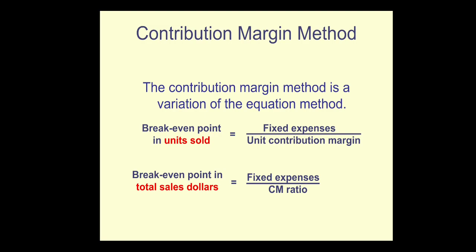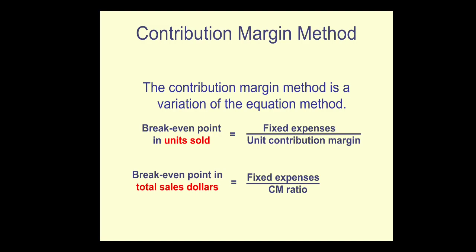So 80,000 divided by 200. The answer is 400 units. So break-even point in terms of quantity is 400 bicycles. The business has to sell 400 bicycles to achieve break-even point. See, you will get the same answer. You use the equation method or this method, the answer is the same.